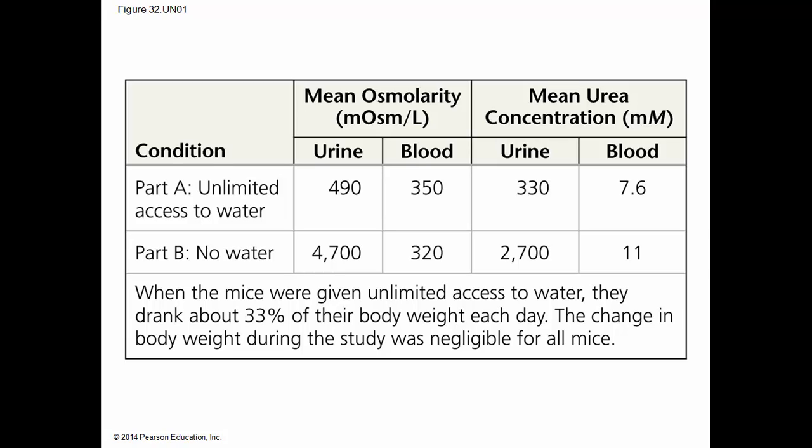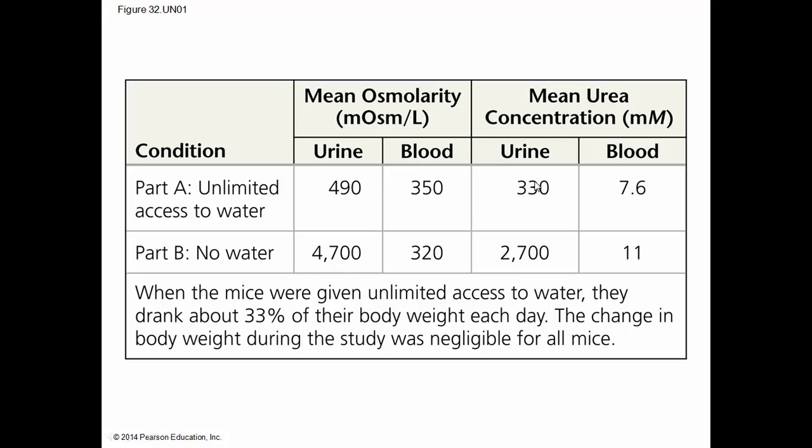Okay, here, on page 655, is a description of small mammals, mice from Australia, that are conserving water in their system. These are mice that were given water ad libitum, so whenever they wanted, they were given water. This is the concentration of urine and the molarity in their bloodstream.